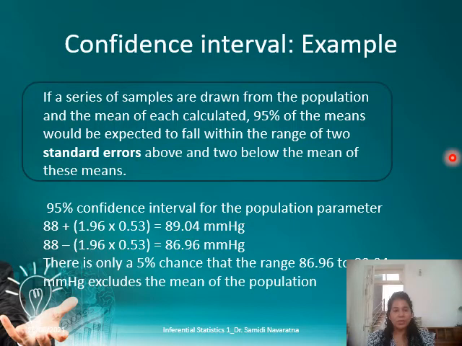There is only a 5% chance that the range 86.96 to 89.04 millimeters of mercury excludes the mean of the population. In other words, you can also say that you are 95% confident that the range 86.96 to 89.04 will encompass the true population mean.